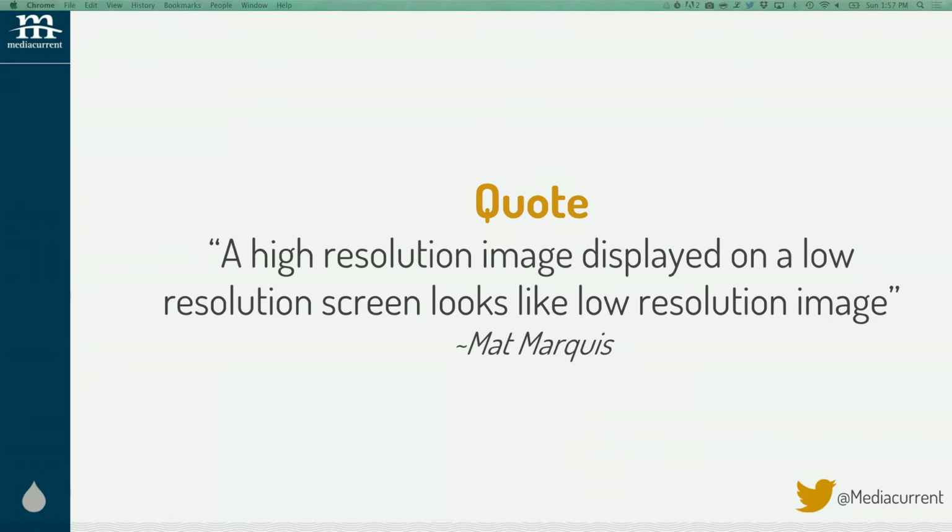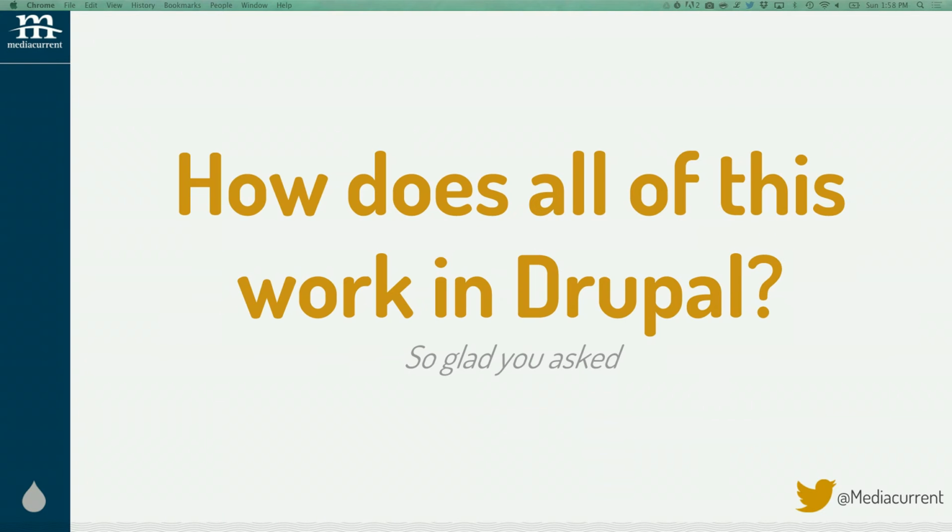We want to do that, but you have to identify what your needs are, right? By letting the browser determine a lot of those requirements, it can provide the right image to the right device, because a high resolution image displayed on a low resolution display looks like a low resolution image. So just something to keep in mind.